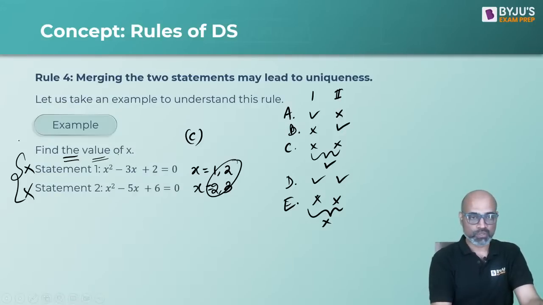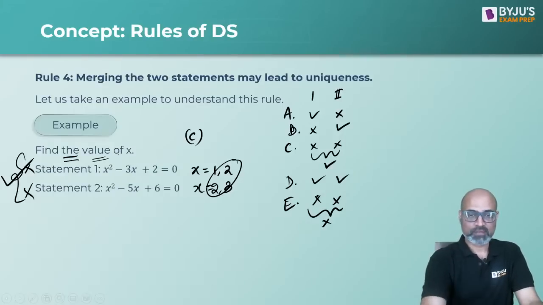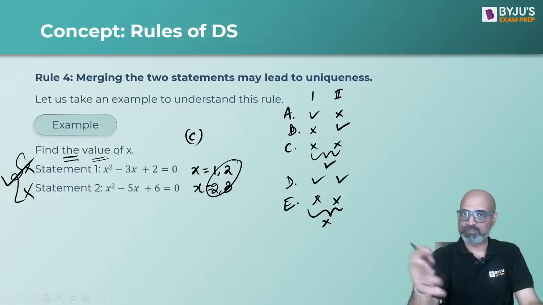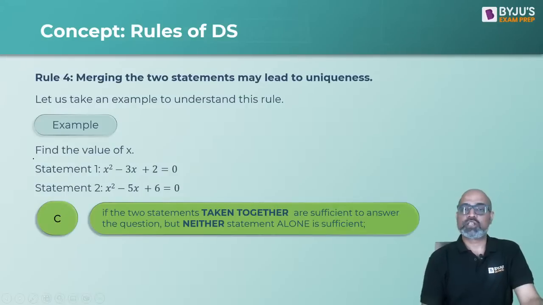It's going to be 2. So I'm getting the answer after combining. I made a mistake. I was thinking 6x plus 5, I misunderstood it the other way round. I read it right but understood it wrong. So it's going to be C, that you can answer the question using the statements together, not individually.